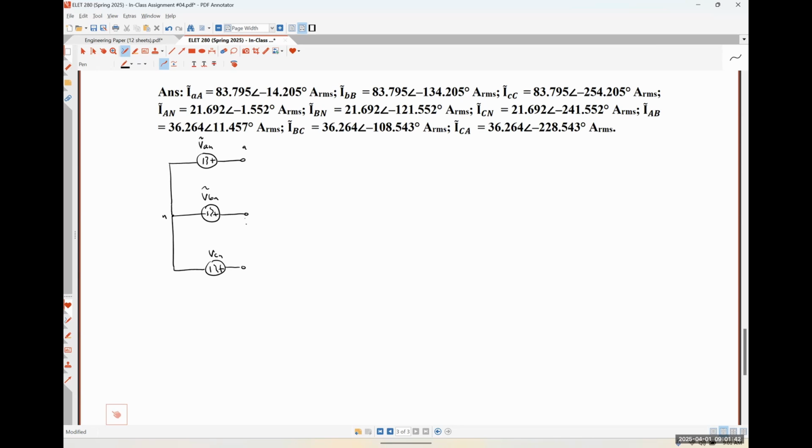So here's A, B, and C. And for what it's worth, we are told what this line voltage is here, VAB. So I've gone ahead and indicated that on my figure.